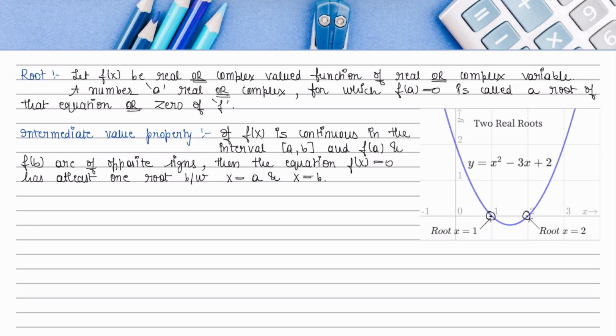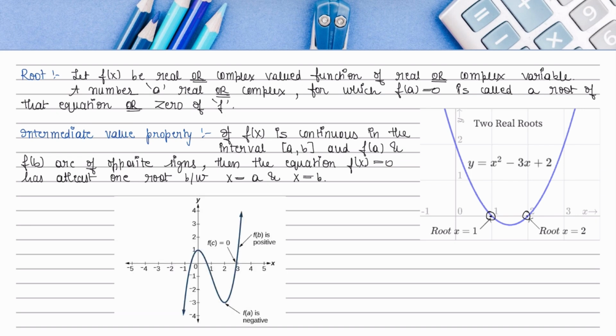Let us make an understanding of this property with the help of a graph. Let us consider a graph of f of x in the restricted interval of 0 to 2. My function is firstly positive here, and after that my function is becoming negative. Clearly, the function has opposite signs between the interval 0 and 2.